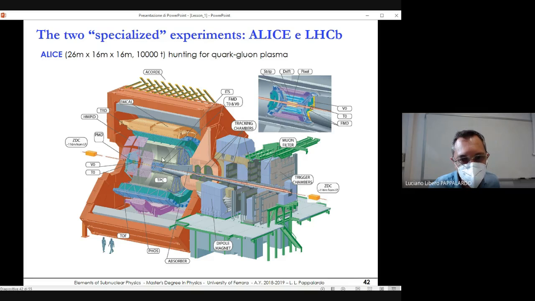So this is an overview of ALICE, which is still a very large detector, and it is made by two parts. The central part is, again, the standard cylindrical collider detector with different layers. Here, the main tracking is provided by the time projection chamber, which is the largest in the world. And then there is also a forward spectrometer, which is mainly dedicated for the detection of muons.